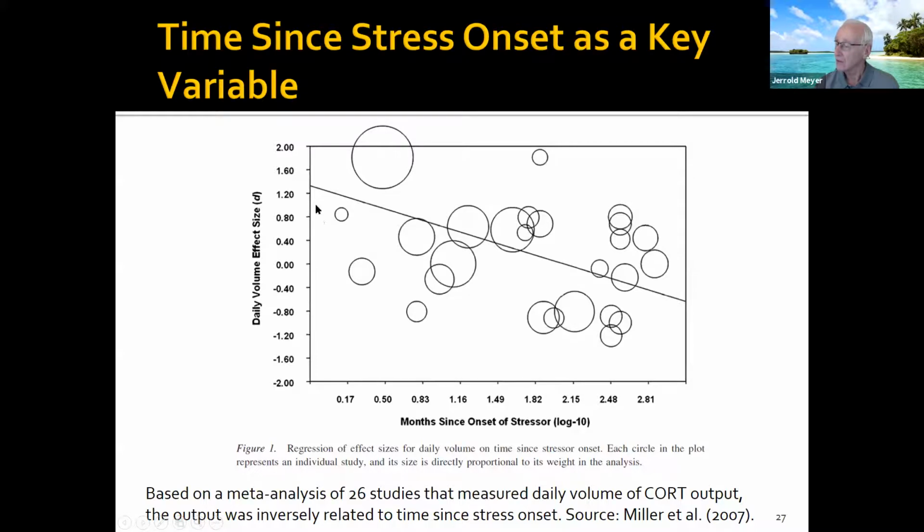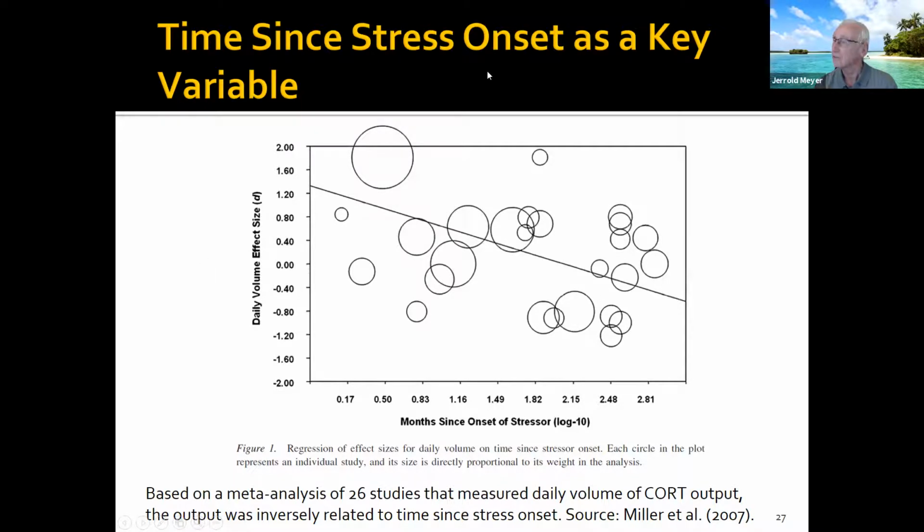The key thing is that when they looked at the relationship between an estimate of daily cortisol output with time since the onset of the stressor, there was a negative relationship, an inverse relationship. So when you look at all the data overall, the more time since the onset of the stressor, the lower the cortisol output.